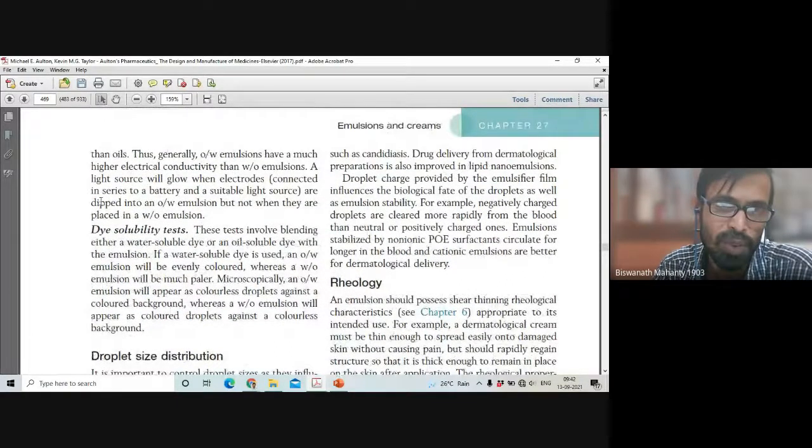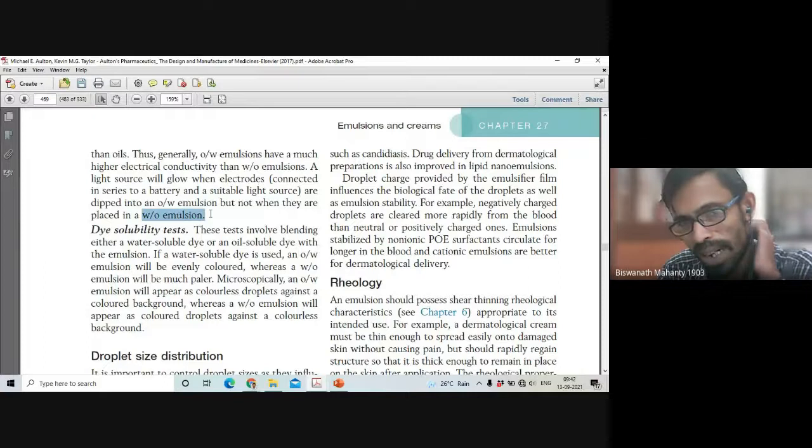But if it is a water in oil emulsion, I will not find any conductivity over there. Dye solubility test, as I was telling, if I put some dye, whether it is a colored background or a non-colored background, this will tell us what kind of emulsion we have.